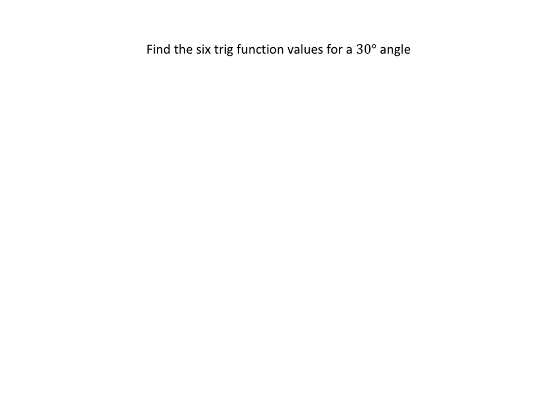So if you're not sure, if you don't have these memorized, sketch a triangle. So we've got a 30, a 60, and a 90, and the ratio is 1 to square root of 3. So now I've got this laid out, I can write out my 6 trig function values.